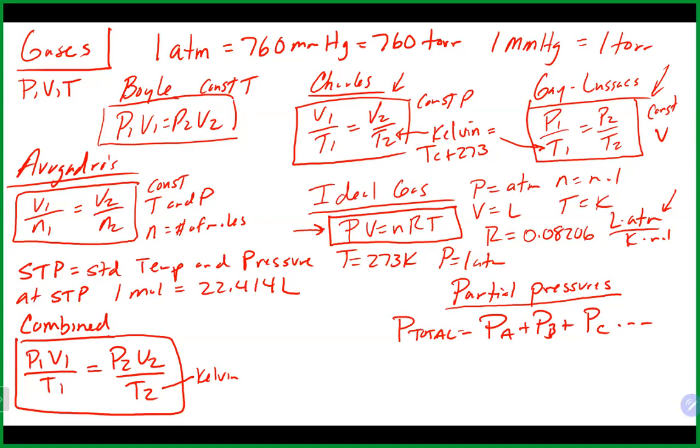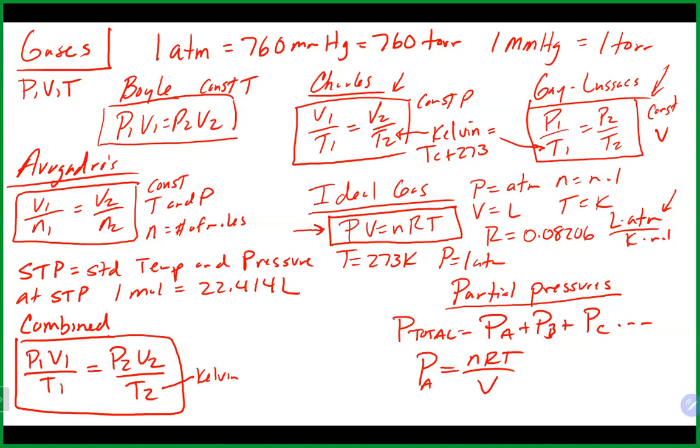The common way to figure out the partial pressure of something is to use the ideal gas law and solve for each of the gases individually. So in this example, you would do 3 calculations, one for A, one for B, and one for C, using the ideal gas law.